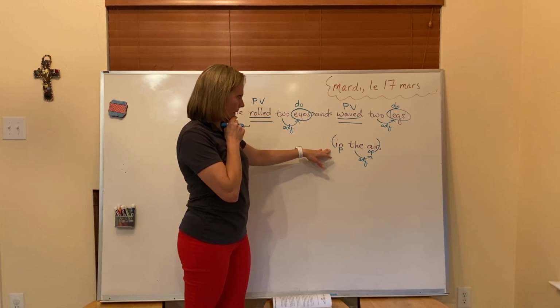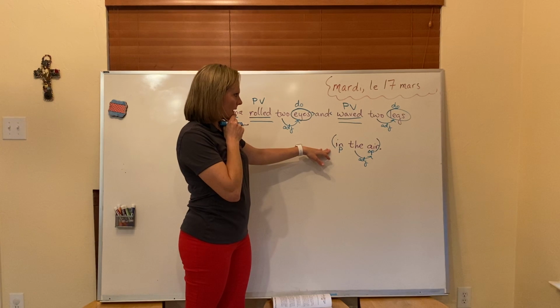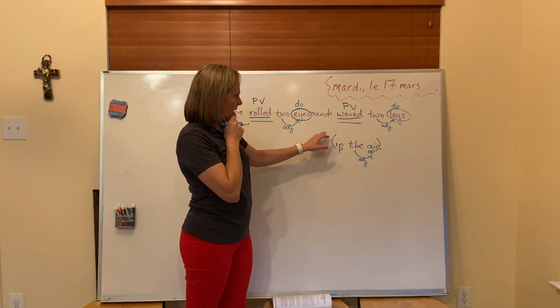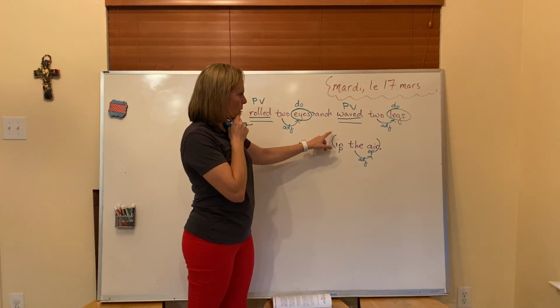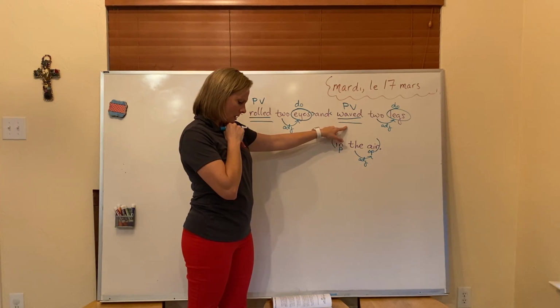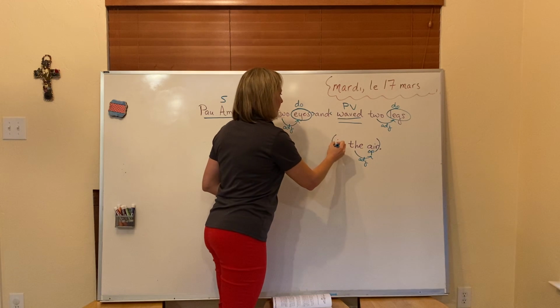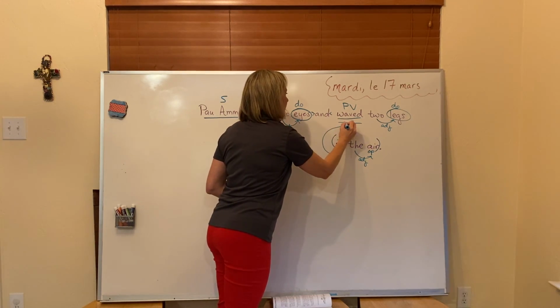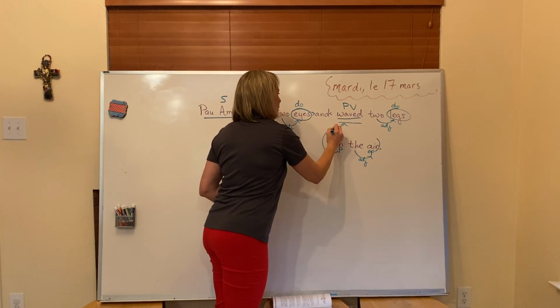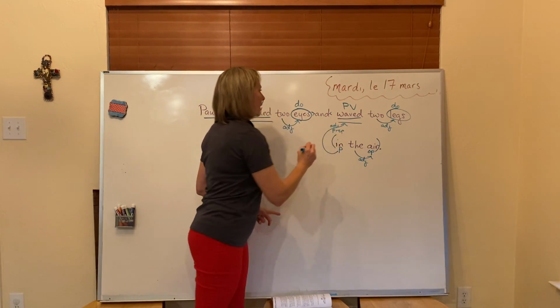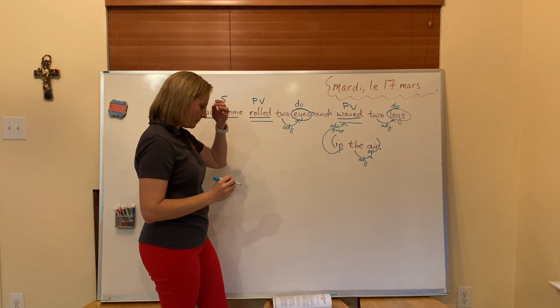What does it modify? Does it modify legs in the air? Or does it tell where he waved? Yes, it tells where he waved. So this prepositional phrase modifies waved, which means it is an adverbial prepositional phrase since it's modifying a verb.